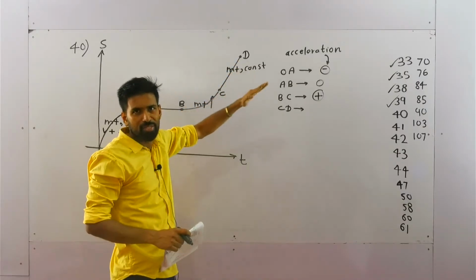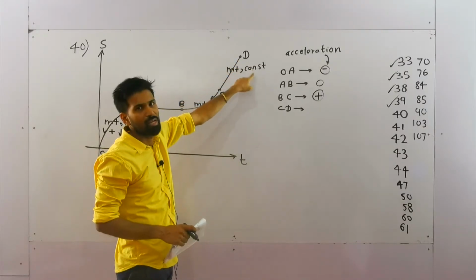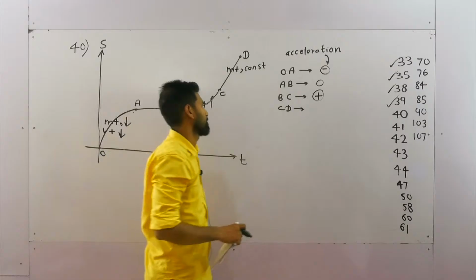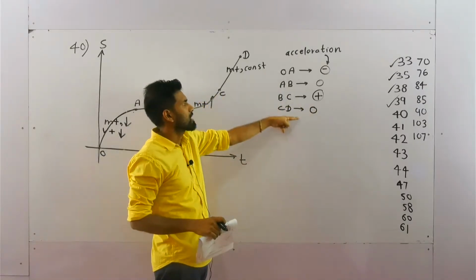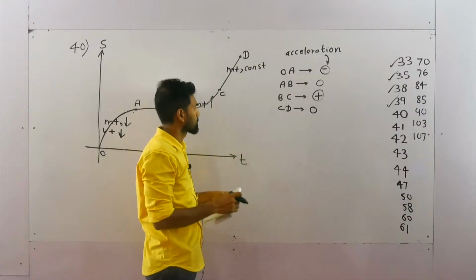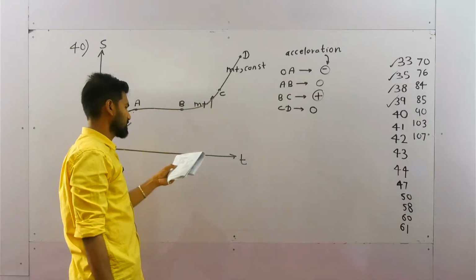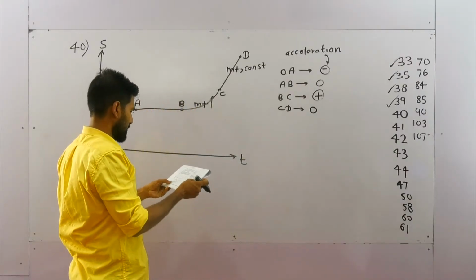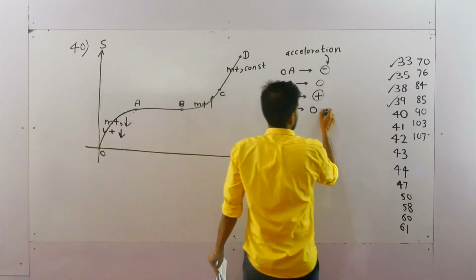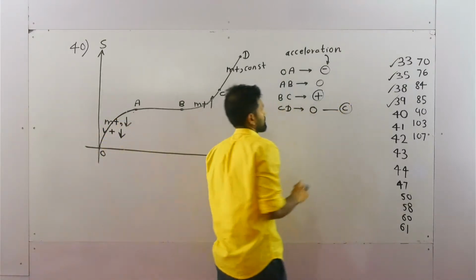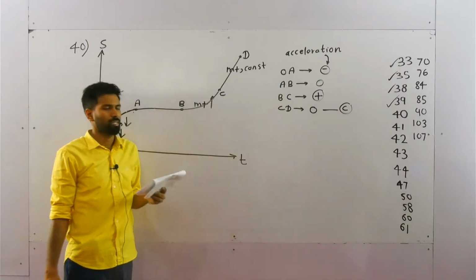The gradient gives the velocity. Velocity is constant, that means acceleration is 0. So this is how the acceleration changes: minus, 0, plus, 0. The answer is C.